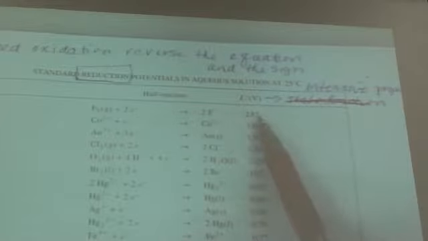Please note that the cell potential, otherwise known as the voltage, is an intensive property, and so it does not matter the amount. It's independent of the amount, and that will be important in just a moment. Okay, so far so good? Here's one more thing to notice. The higher the cell potential, the higher the voltage, the more likely this equation will occur.